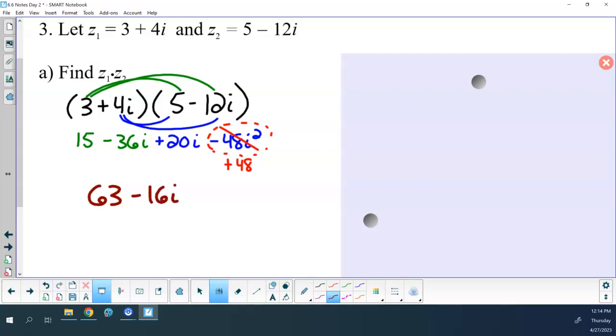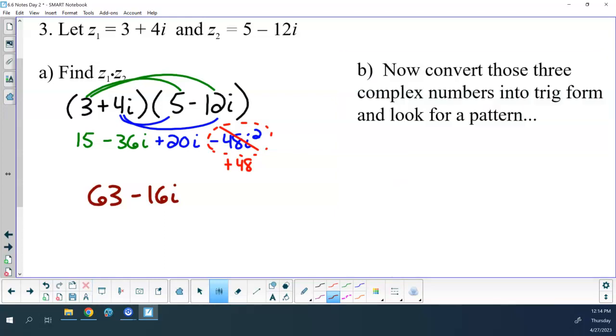Okay? What I would like you to do now is convert 63 minus 16i into trig form. Okay? So you converting this one into trig form.